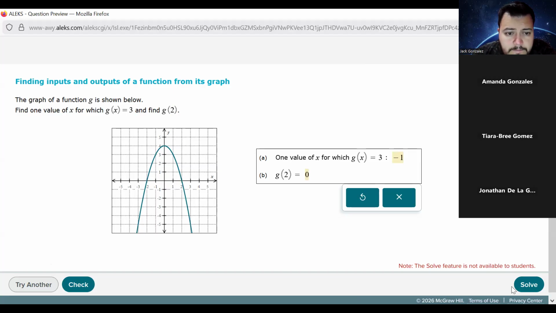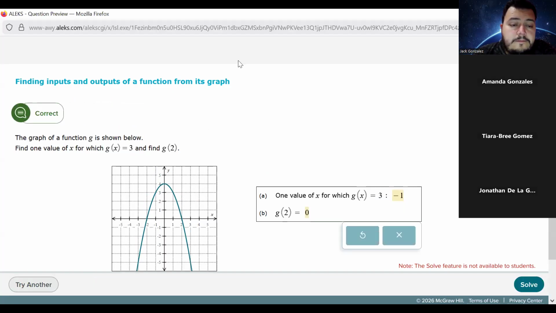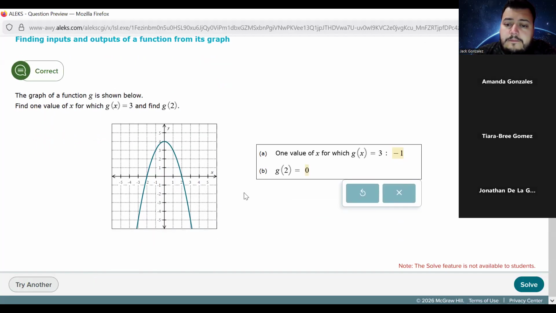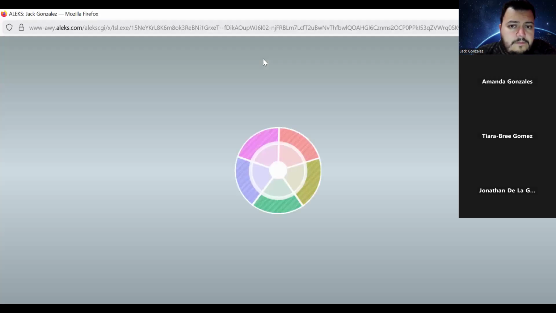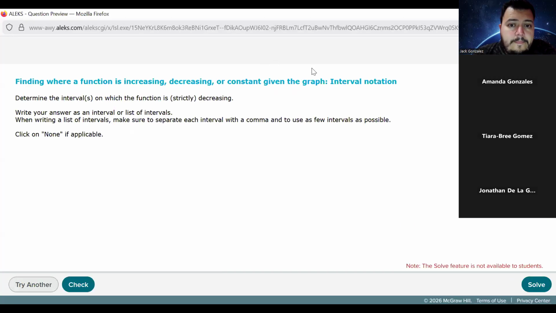Oh, yeah, it should be -1 and 1. Oh, it just says find one value. I see. Okay. Both would be right. Yeah, that's 32.